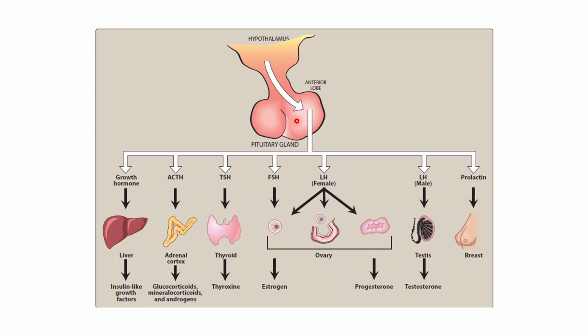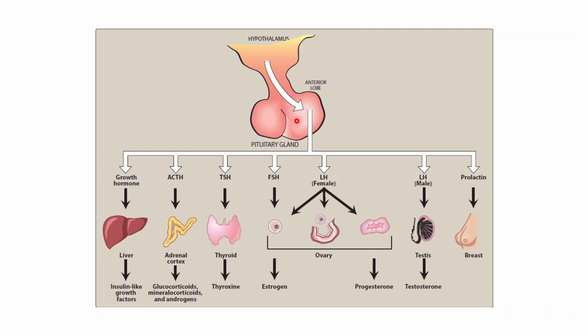So then the gonadotropins, follicle stimulating hormone and luteinizing hormone, are produced in the anterior pituitary, and they regulate the synthesis of gonadal hormones, and they are used in the treatment of infertility.